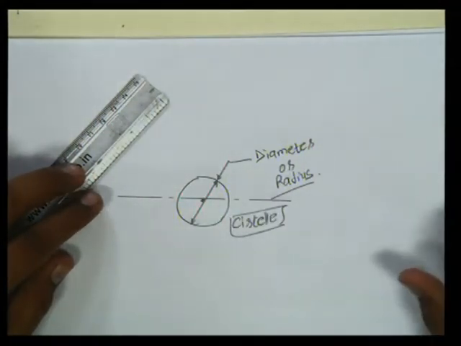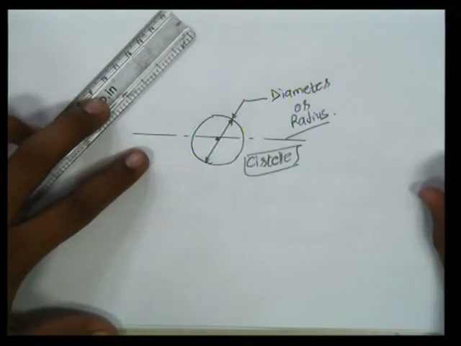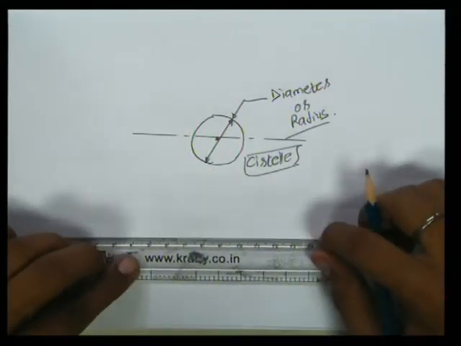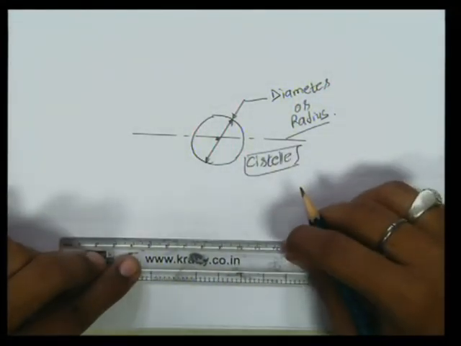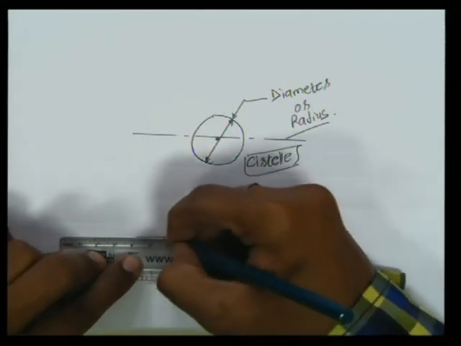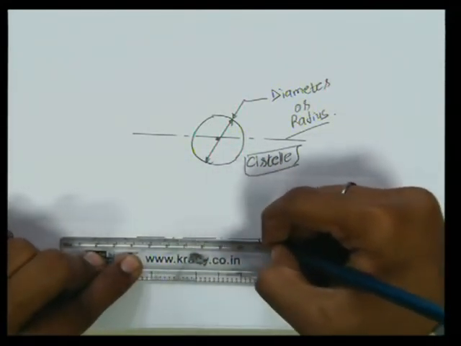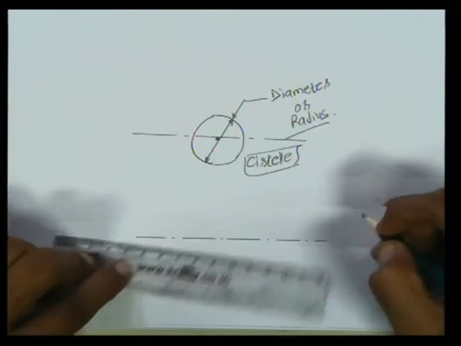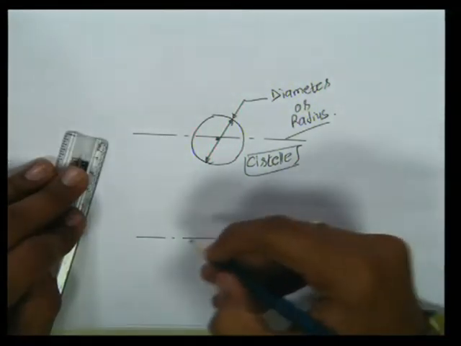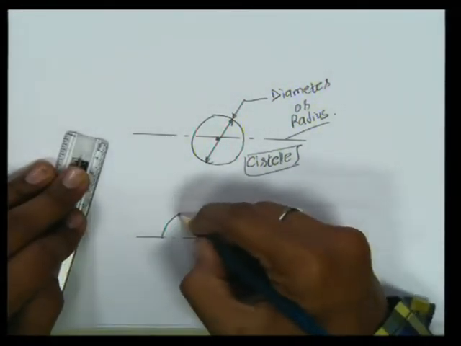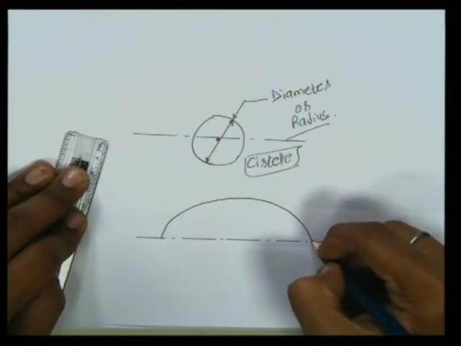But in the case of the ellipse, the ellipse has three parameters.